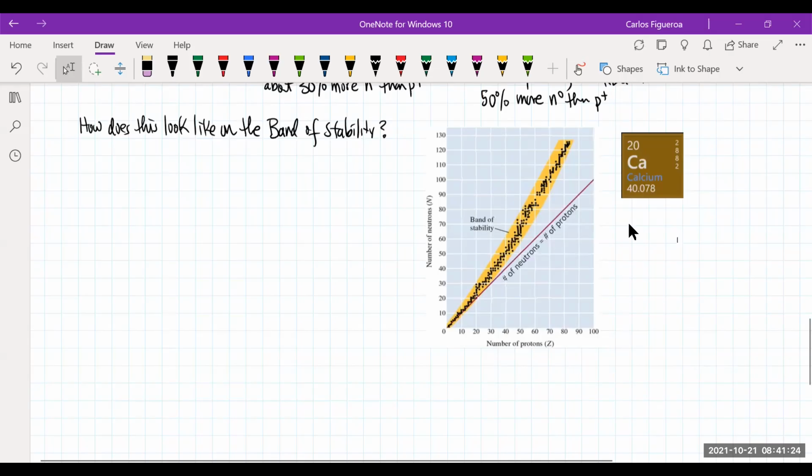I know that calcium has to be on that black band. So let's say I pick this color. It goes right here, and then right here. So this represents calcium. This region right in here tells us that calcium has an N/P equal to 1.